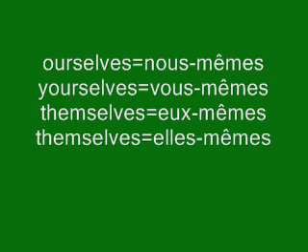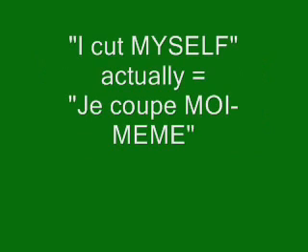Eux-mêmes for boys, men, or something that has a masculine gender, and elles-mêmes for something that has a feminine gender. So this is what myself actually means. Moi-même, yourself, toi-même. So when you say I cut myself, what you mean in French is je coupe moi-même.